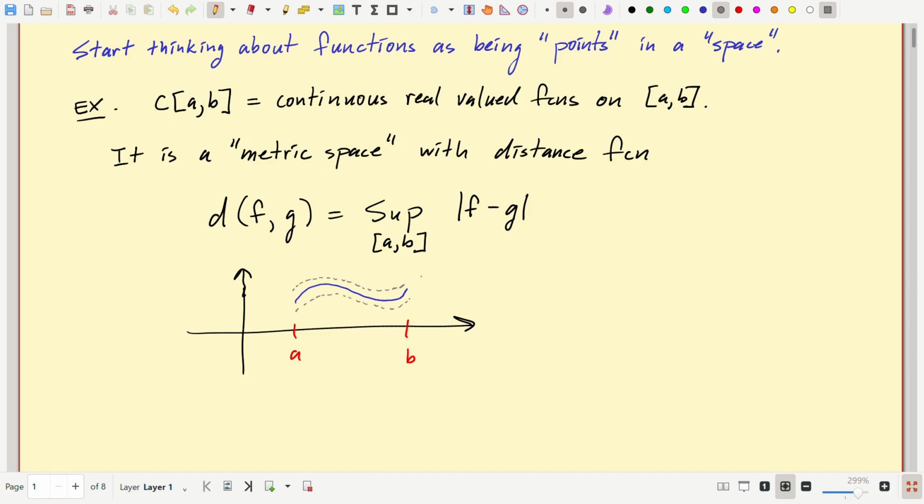The blue curve is f of x, and the dotted lines above and below are f of x plus epsilon and f of x minus epsilon. Then a function g that's within epsilon of f would just be something between those two dotted lines.